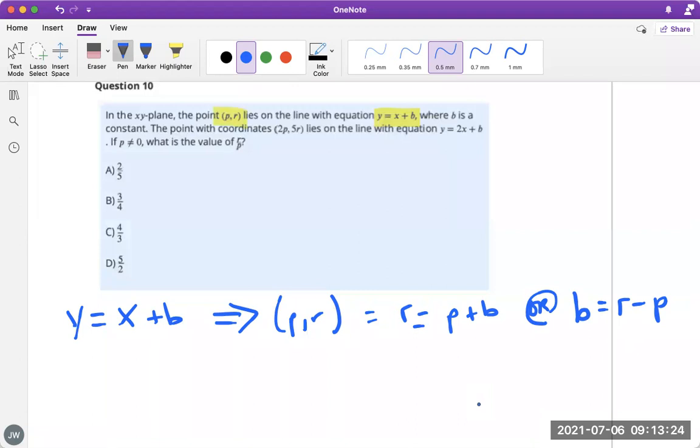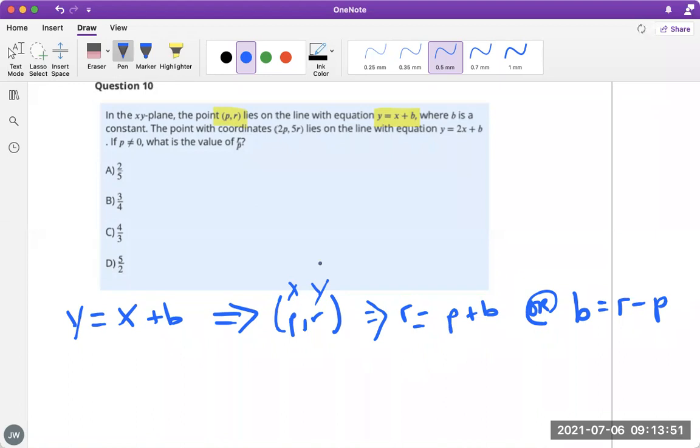Got that? I'm giving you some think time and some write time instead of pausing. y equals x plus b, right? We're familiar with that, like mx plus b. And then we have our point, our x and our y. So if p is x and r is y, then we just substitute them in. You have two ways to write that.